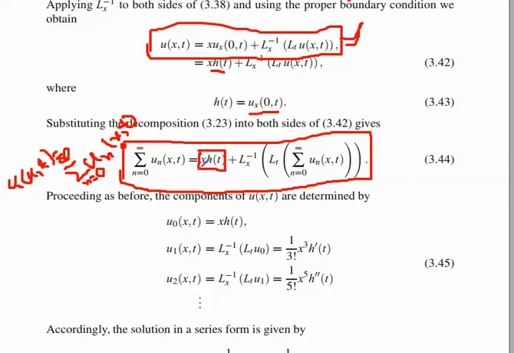For u1 of x, t you take u0 of x, t and integrate this zeroth order solution two times. Similarly, to calculate u2 of x, t you integrate two times again.